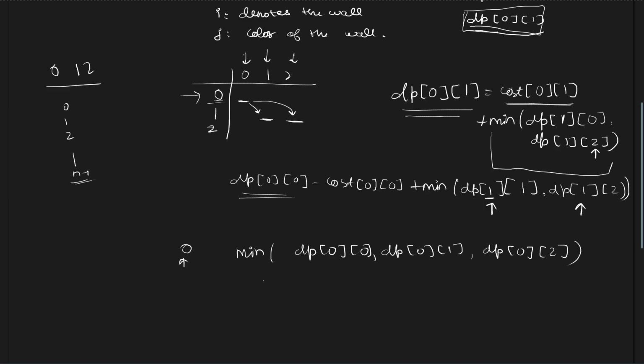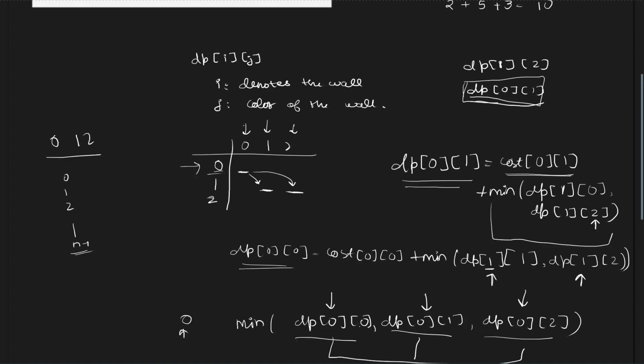So my final answer would be the minimum of all these three values, because for the first wall I don't have any constraints. I can choose any of these three colors. So my best answer would be when I decided to color the first wall with the 0th color. So this is the first case. I decided to color the 0th wall with the first color. I decided to color the 0th wall with the second color. So my best answer would be the minimum of all these three values, right?